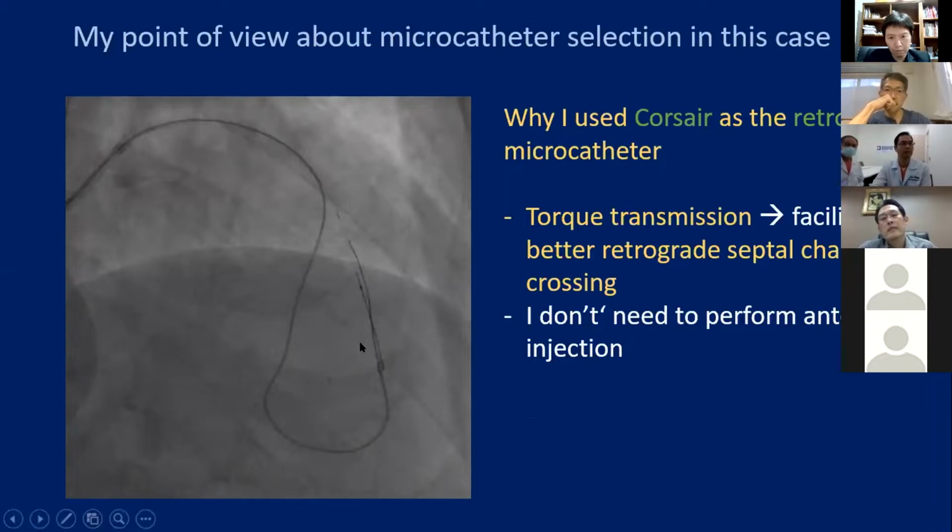And when I perform the retrograde technique, I don't need contrast injection from the guiding catheter anymore, because I have the microcatheter as a landmark. So I can use the Corsair, I think.